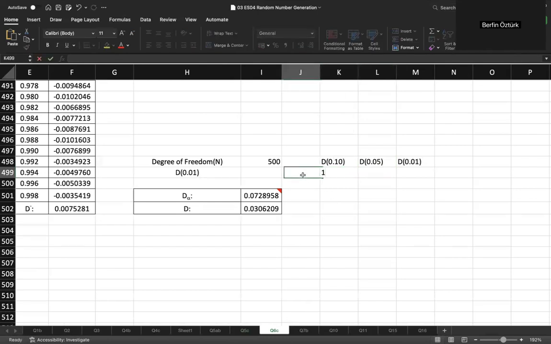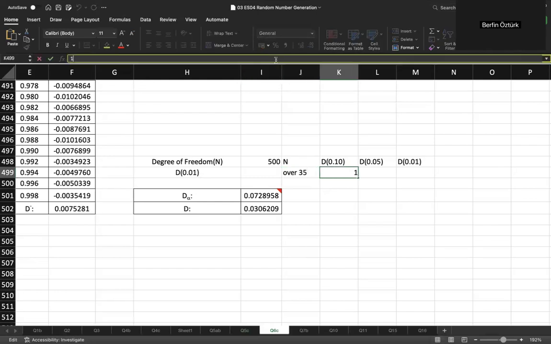For over 35, the formula for 0.10 is 1.22 over square root of n.